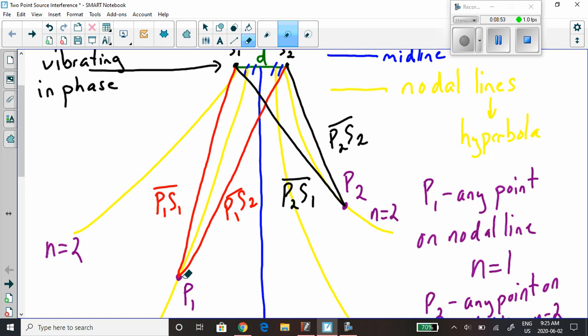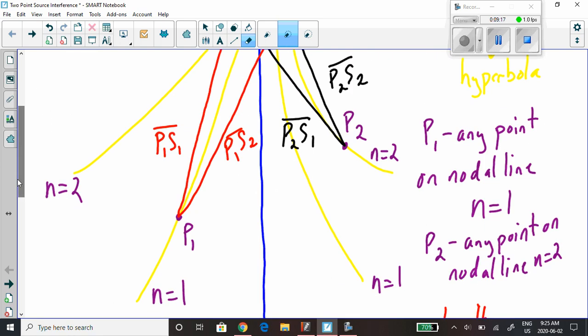And then there's a length here from P1 to S2. I'm going to call that length P1 S2. And it's a length, so these are straight lines. Similarly, I'm going to pick a point P2, which is any point on the second nodal line, or any point on nodal line n equals 2. And there you have it.